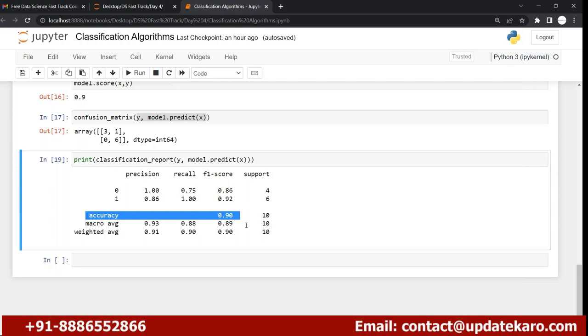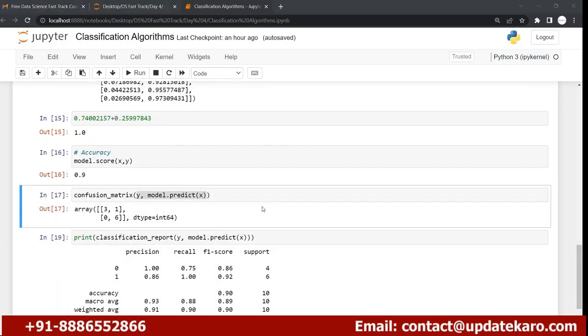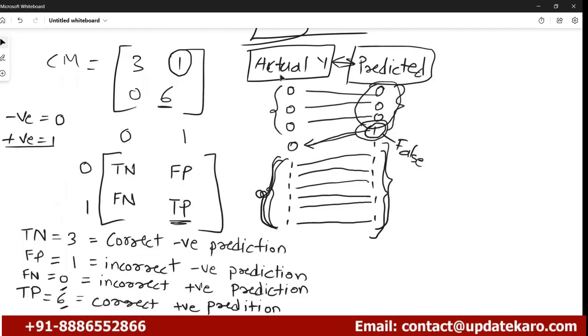If we're talking about the accuracy, let's go over here and understand this. See, actual, how many actual values are from class 0? 4 values are there. How many actual y values are from class 1? 6 values are there.